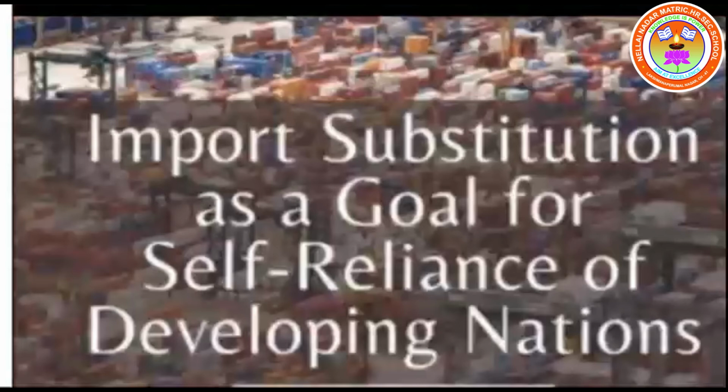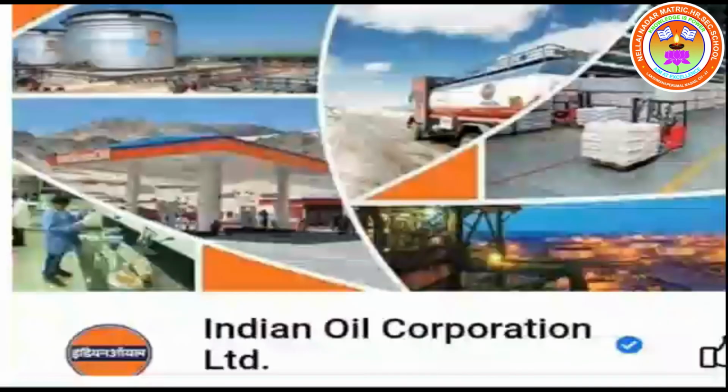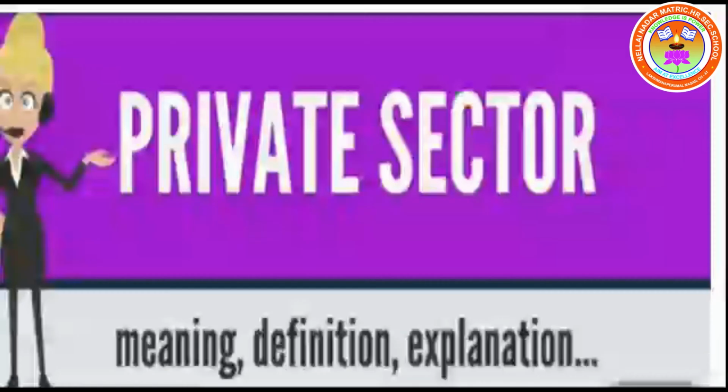Some public sector enterprises were started to produce goods which were imported and thus to save foreign exchange. The Oil and Natural Gas Commission, ONGC, the Indian Oil Corporation Limited, etc., have saved foreign exchange by way of import substitution.